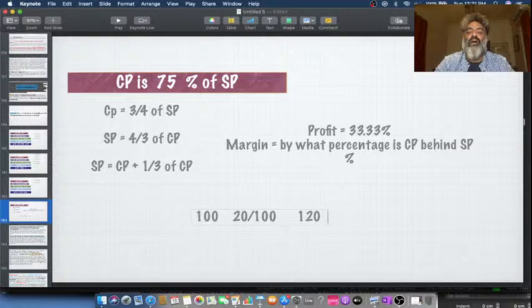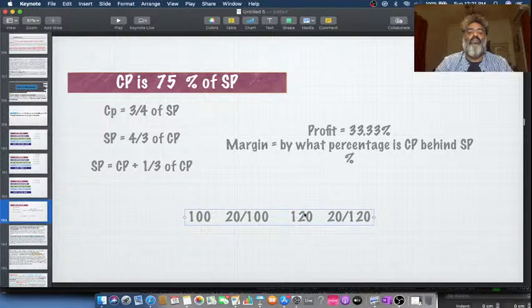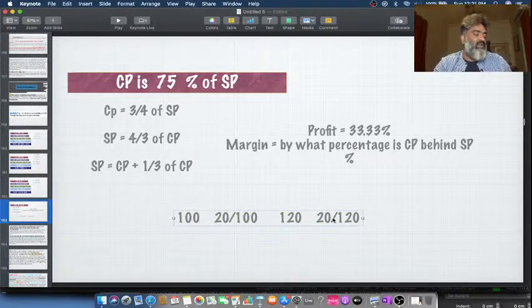But if I want the margin percentage, I will do 20 upon 120. Is the game clear? This 20 upon 100 tells me this 120 is 20% ahead of the CP, and this 20 by 120 tells me that this 100 is 20 by 120 behind 120.